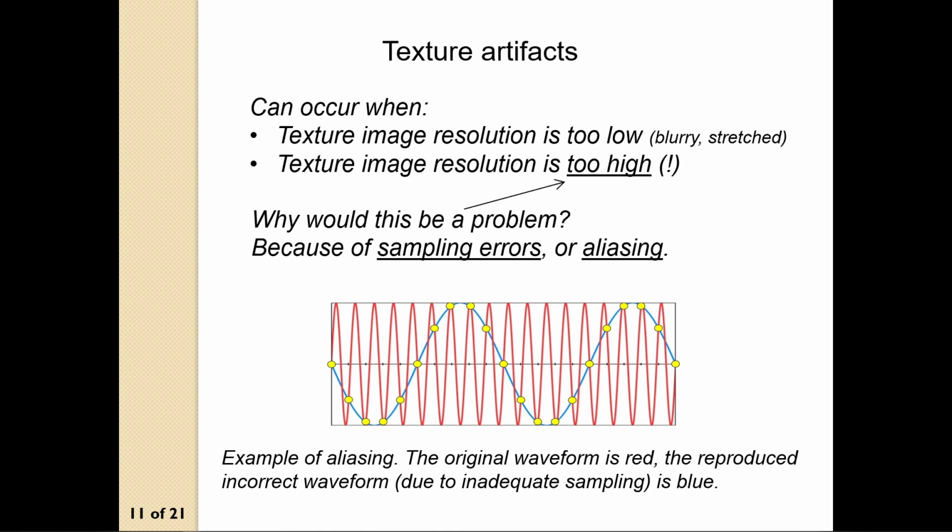It turns out that in order to represent a recurring signal digitally, you need to sample that signal at twice the rate at which it could potentially vary.